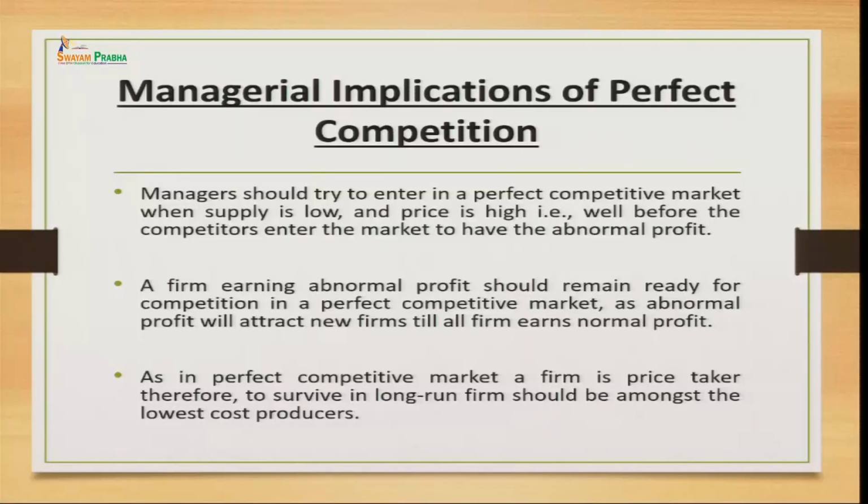As we have seen, in the short run firms are able to earn supernormal profit, whereas in the long run, if they enter late into the market, they will only be able to earn normal profit. So, managers should always try to enter the perfect competitive market when the supply is low and the prices are high. When there are few firms in the market, you should enter this market structure so that you will be able to earn abnormal profit.